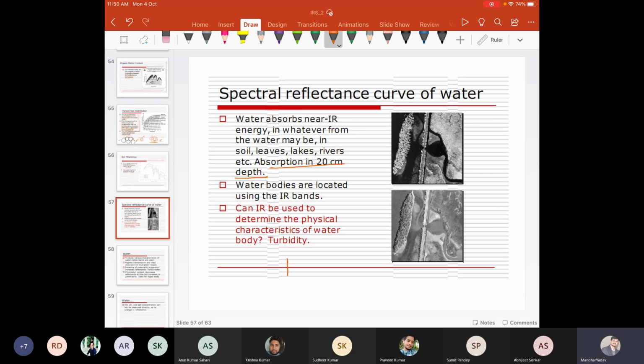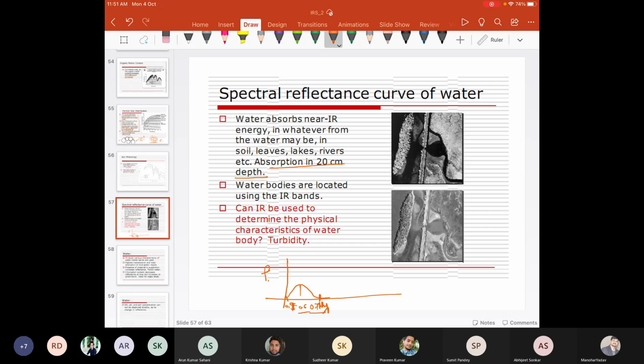The meaning is that if we plot the reflectance versus wavelength curve in case of water, then we have the red band at, let's say, 0.7 micrometer, and clear water at 0.4, 0.5, 0.6.